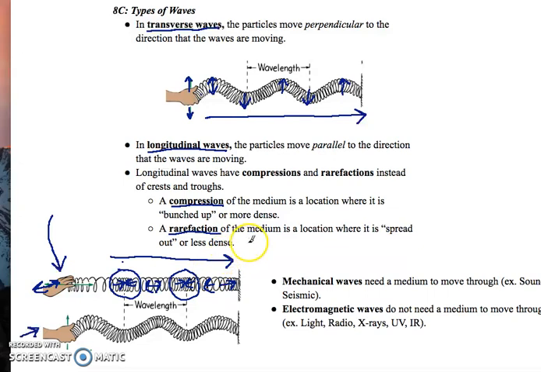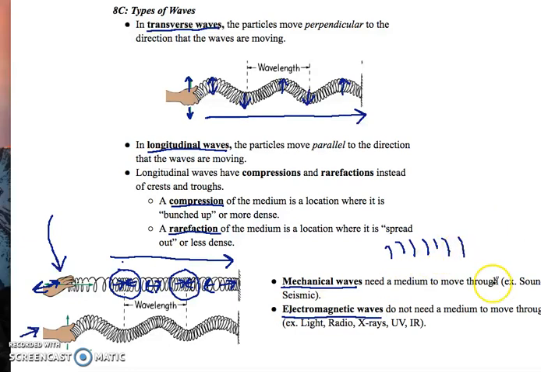And the last two types to look at would be mechanical waves. Mechanical waves are waves that need a medium to move through. So sound, seismic. Again, those are mechanical waves. If you don't have a medium, these can't move. The other type is electromagnetic waves.